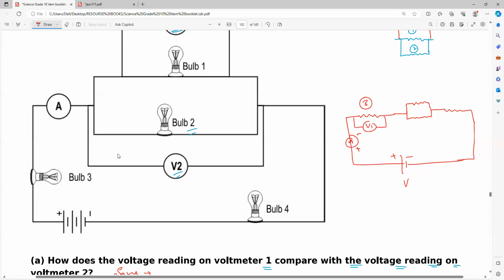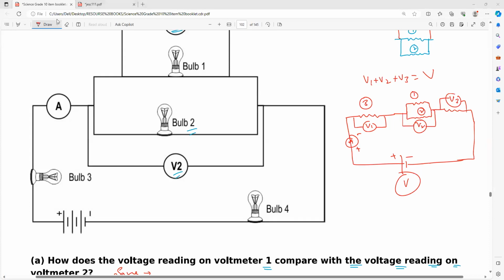Let me take V1, and these both are in parallel. So across them there will definitely be some voltage, but that voltage remains constant. Then across this there is another voltage, V3. So V1 plus V2 plus V3 equals total V. That is the series connection. Right or wrong?